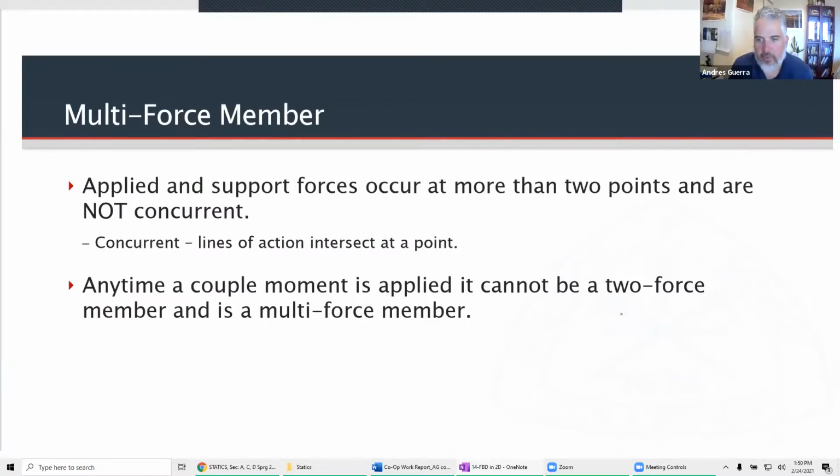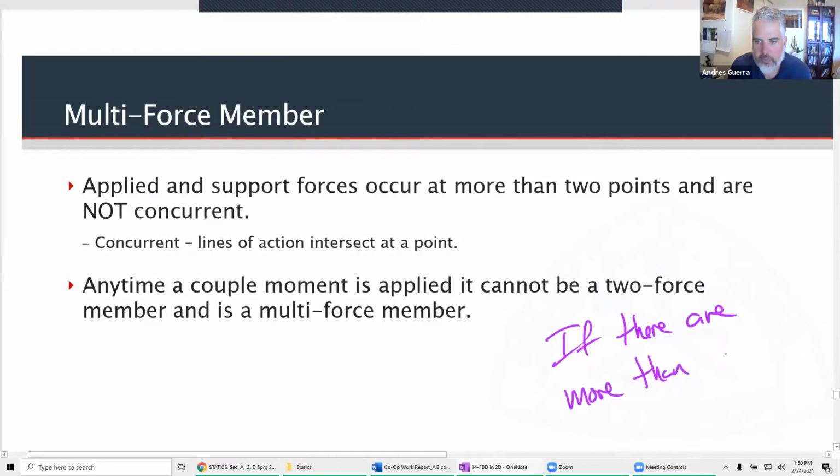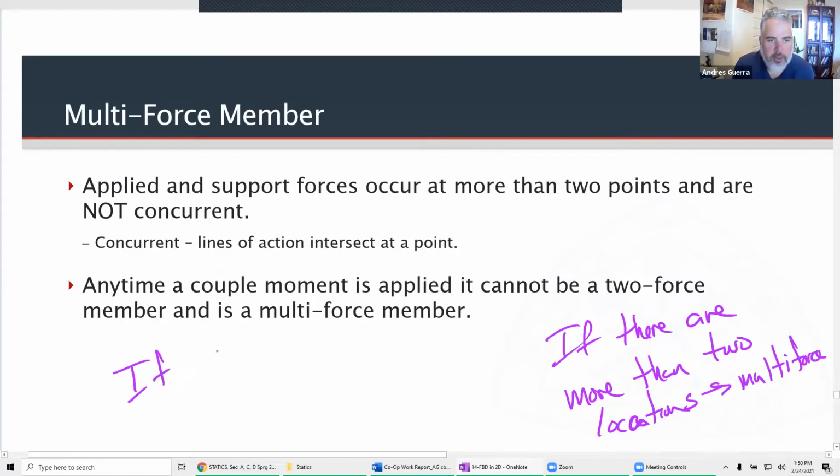So if there are more than two locations, it's a multi-force member. Or if there's a couple moment, an M, it's a multi-force member.